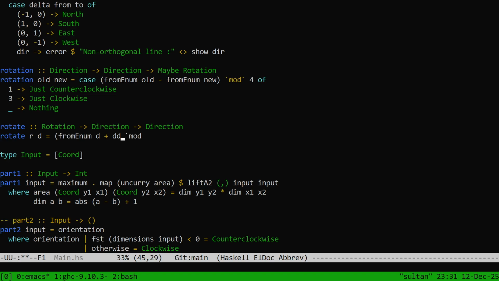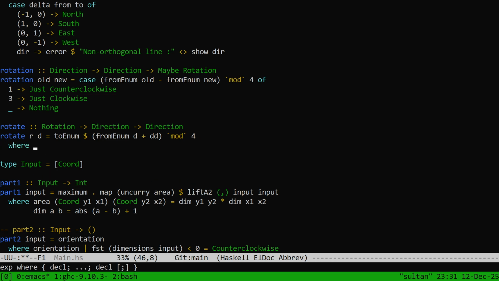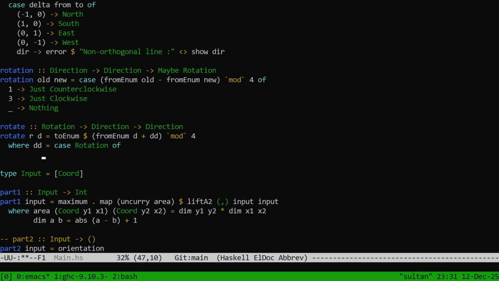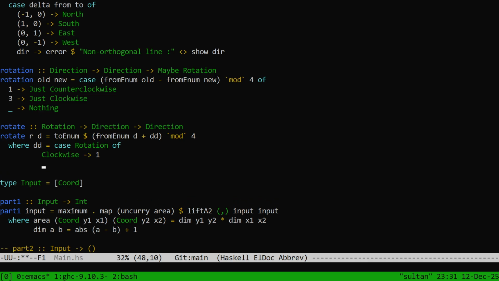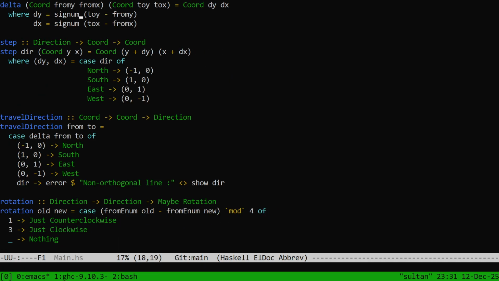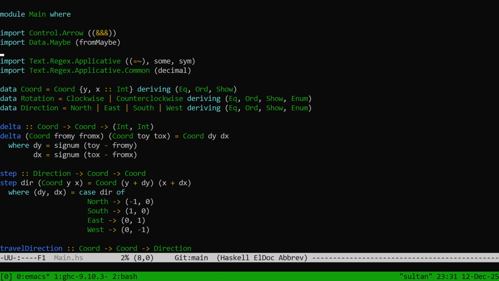Mod, probably need parens here, 4, and then put that back to again, where dd is case rotation of, if clockwise we should add 1, if counterclockwise we should subtract 1. North to east, that's clockwise, add 1. East, north, that's counterclockwise, subtract 1. That all works. Okay.